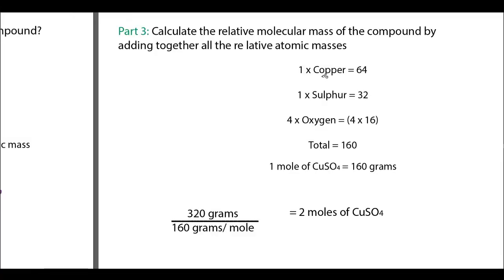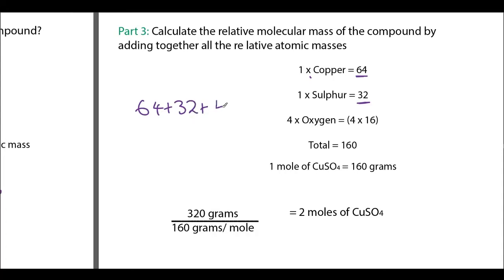Now the third stage is you have to add up all those numbers together. You calculate something called the relative molecular mass. So for copper sulfate, we've got 1 atom of copper. So we do 64 plus 1 atom of sulfur. So sulfur is 32. So 64 plus 32. Now we've got 4 atoms of oxygen.